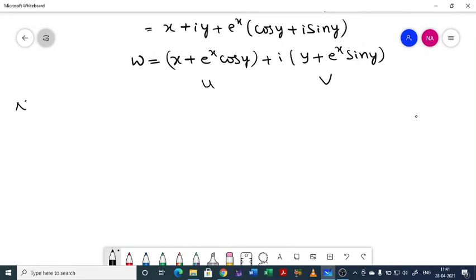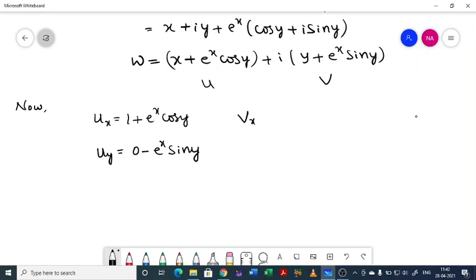Now ux equal to, differentiating with respect to x partially, 1 plus e power x cos y. uy equal to, differentiating with respect to y partially, this term will be 0 minus e power x sin y.